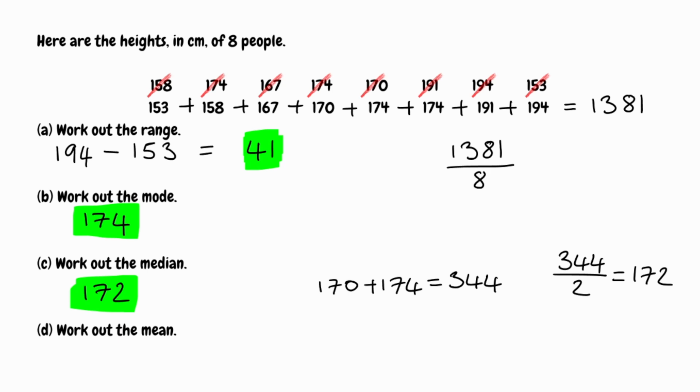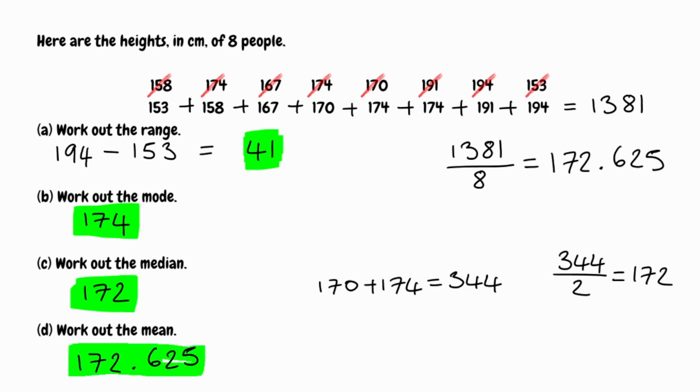Well, there were 8 people, so we're going to divide by 8. And if we do that, we get 172.625. So the mean of this set of numbers is 172.625. And that would be the final answer to this question.